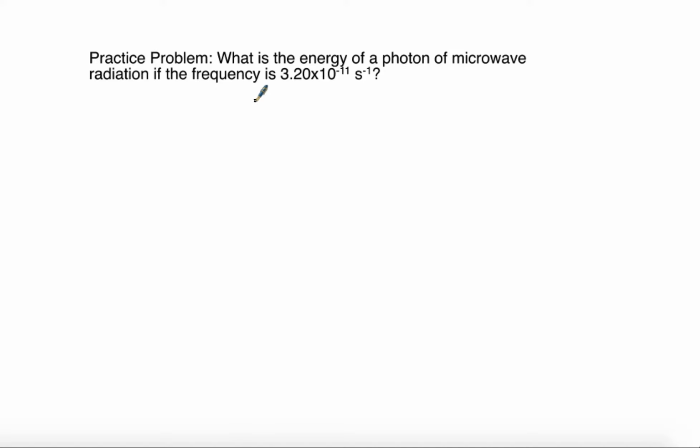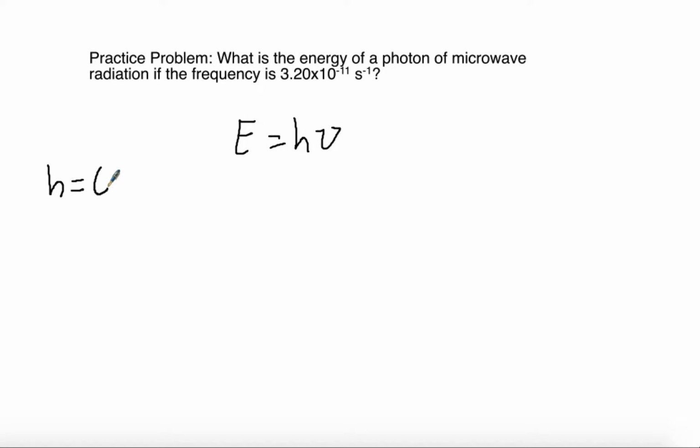So let's take a quick look here. We want to know what's the energy of a photon of microwave radiation if the frequency is 3.20 times 10 to the negative 11 seconds. As we just saw, E equals h nu. We're looking for the energy, so our equation is set up the way it is.